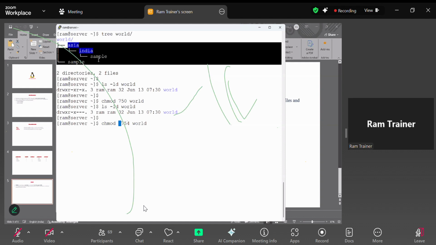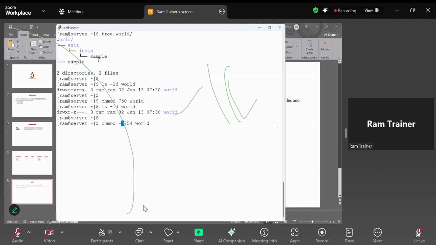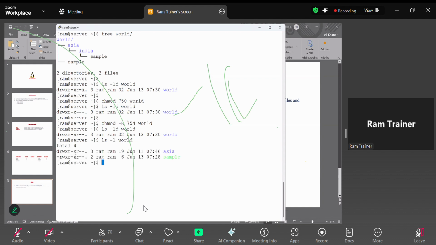It will not affect any subfiles and subdirectories. If you want to affect subfiles and subdirectories, we can use the hyphen R option. Then the permissions are inherited. So if I run it on the world directory with 754, the subfiles and subdirectories also get the same permissions.